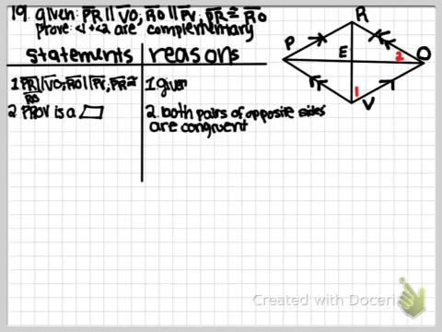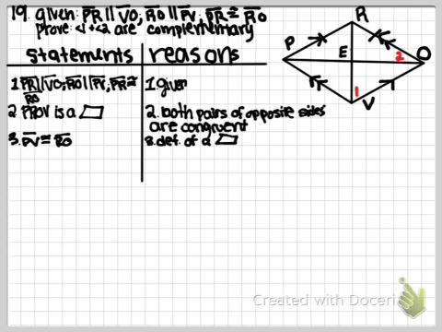Okay, so now for the third step, I'm going to write down that PV is congruent to RO. And the reason for this is the definition of a parallelogram.